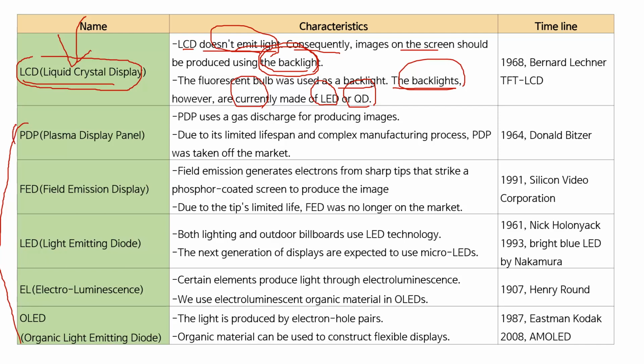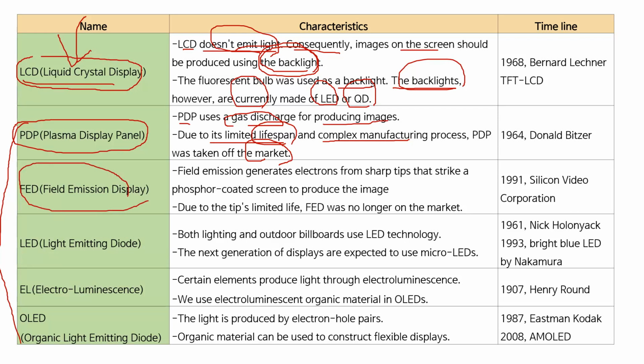PDP is the plasma display panel. PDP uses a gas discharge for producing images. Due to its limited lifespan and complex manufacturing process, PDP was taken off the market. Next, field emission display.